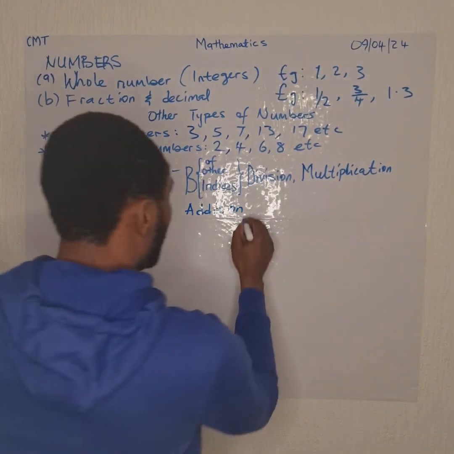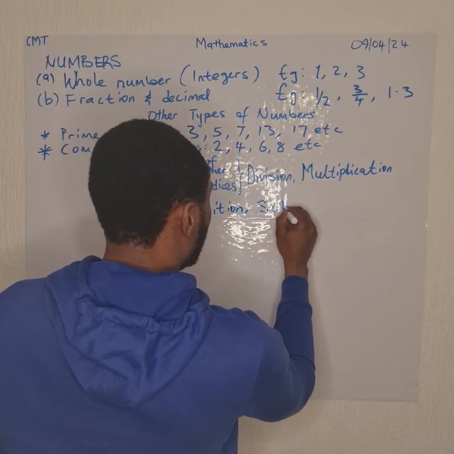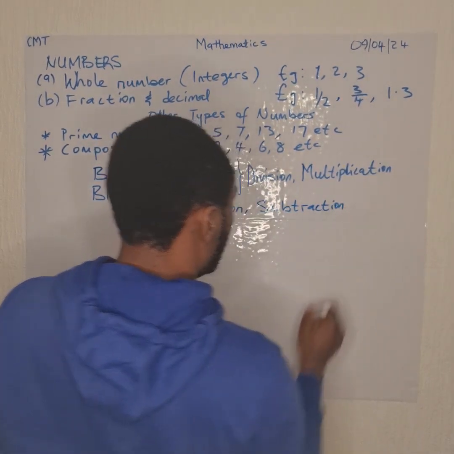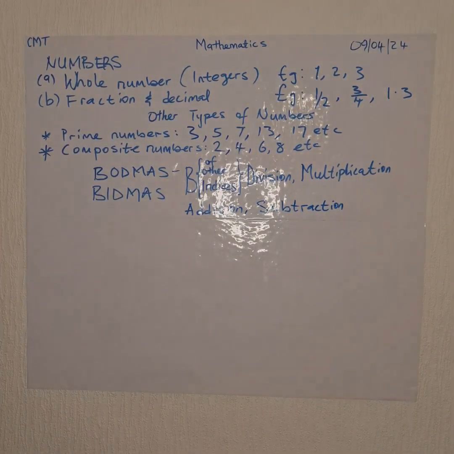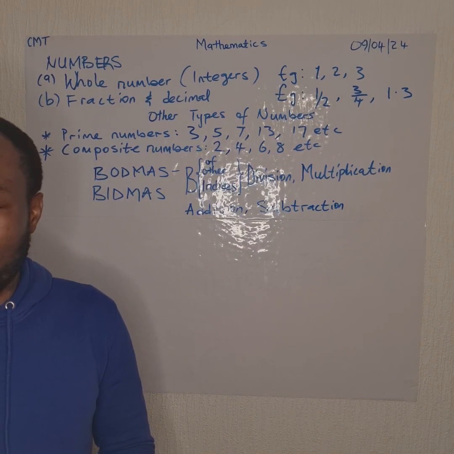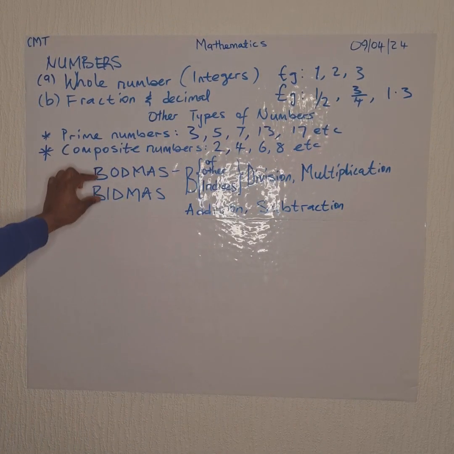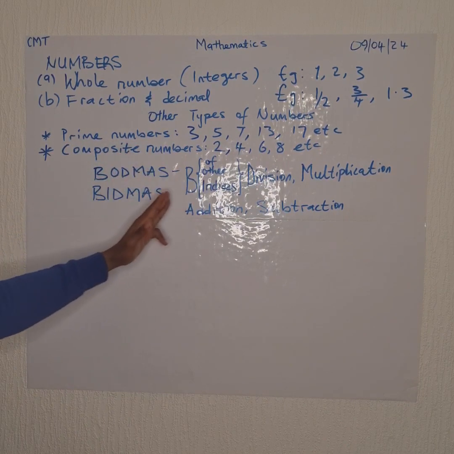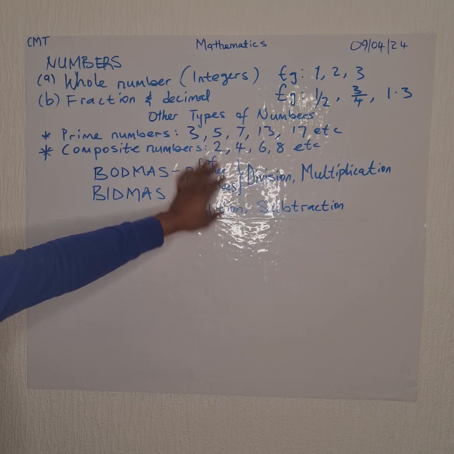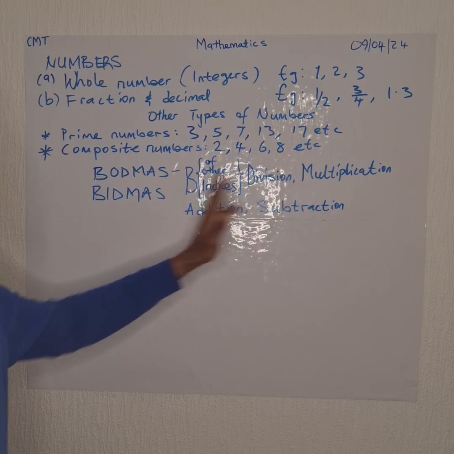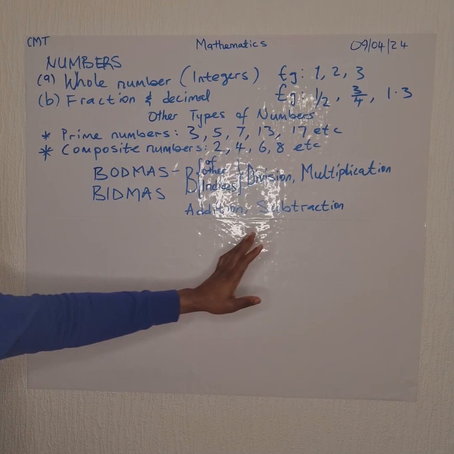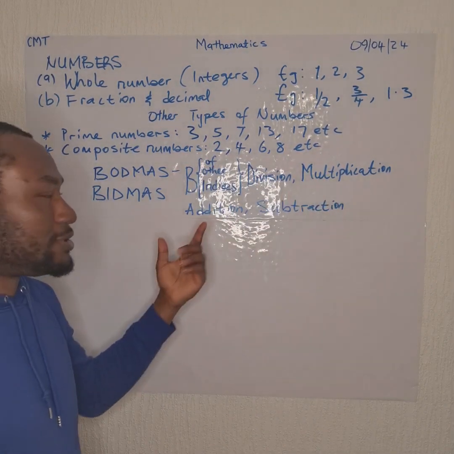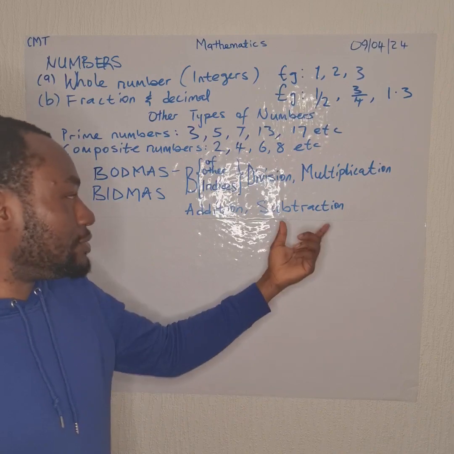And lastly, you deal with subtraction. BEDMAS or BODMAS, important thing is deal with your brackets first. Deal with any other thing that is not division, multiplication, addition, or subtraction. Any other thing you see, deal with it next. Deal with division, deal with multiplication, deal with addition, and lastly, deal with subtraction.